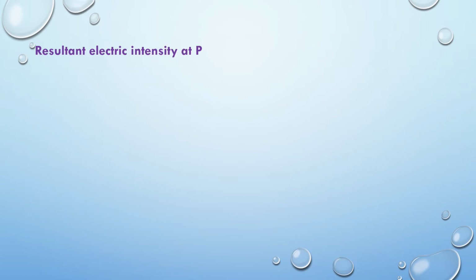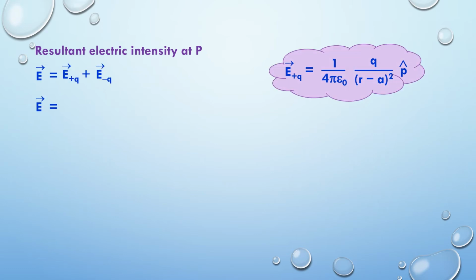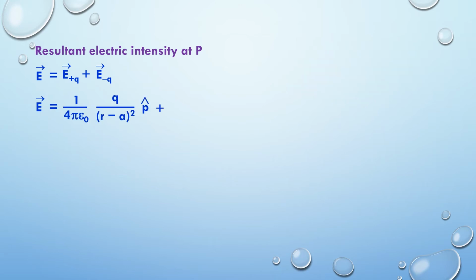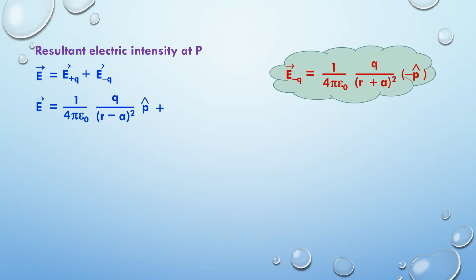So the resultant electric intensity at M can now be written as: the electric field due to the positive charge is 1 upon 4 pi epsilon naught Q upon (R minus A) the whole squared into vector P, plus the electric field due to the negative charge, which is 1 upon 4 pi epsilon naught Q upon (R plus A) the whole squared into negative vector P.